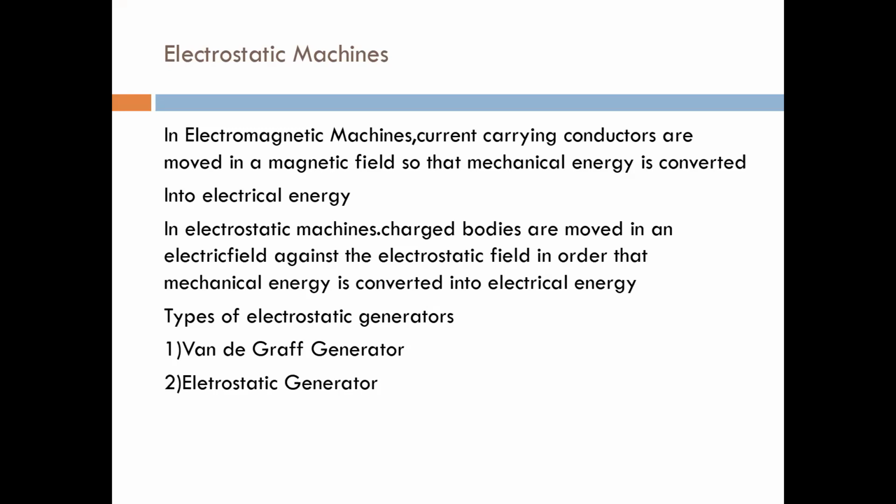We have seen the electromagnetic machine. What did we study in second year, third year electrical engineering? When a current carrying conductor is placed in a magnetic field or moved in a magnetic field, mechanical energy is converted to electrical energy. It means EMF is generated. Now, what happens in the electrostatic machine?